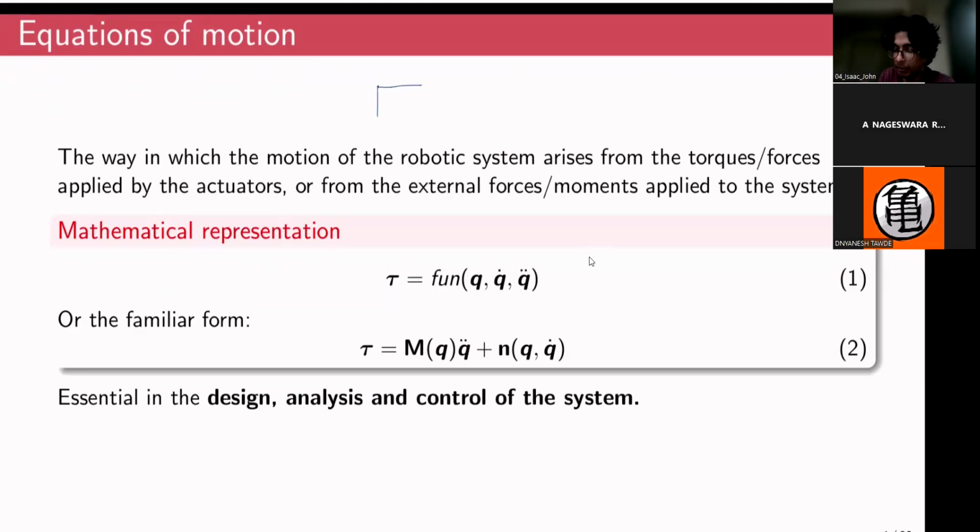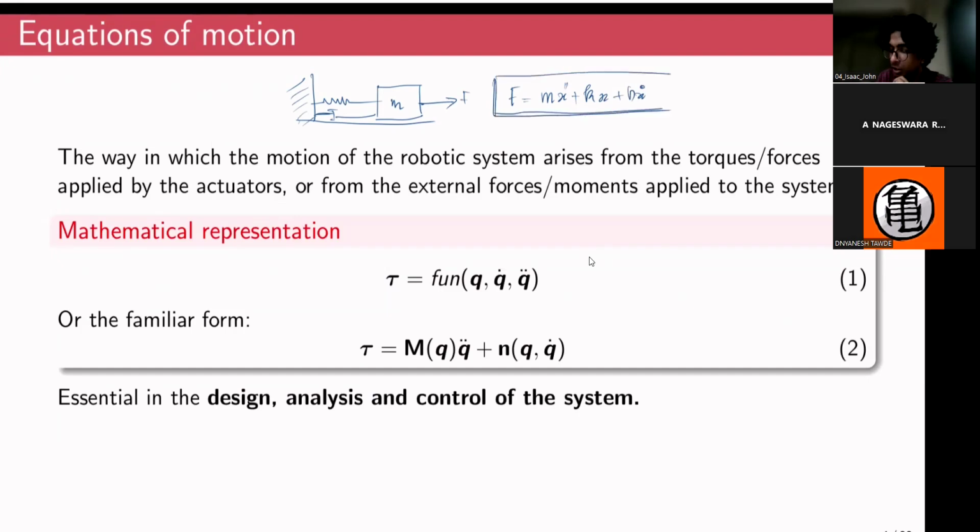For any mechanical system, maybe if you consider the classic case of a spring, mass, and a damper, if you consider this to be a mass connected to a rigid body using a spring and probably a damper, and if you apply an external force, the force balance would give you the governing equation of motion, something like the external force is nothing but m x double dot plus k x, where k is the spring constant, plus v x dot. This would be the governing equation of motion for a classic spring mass damper.